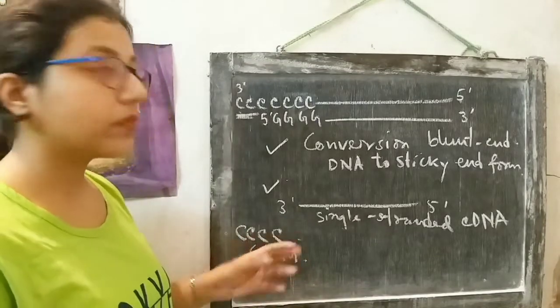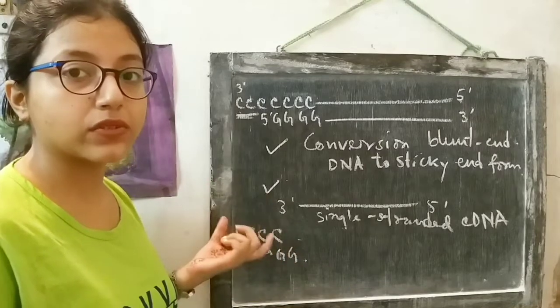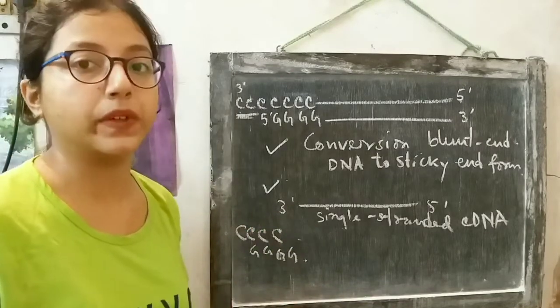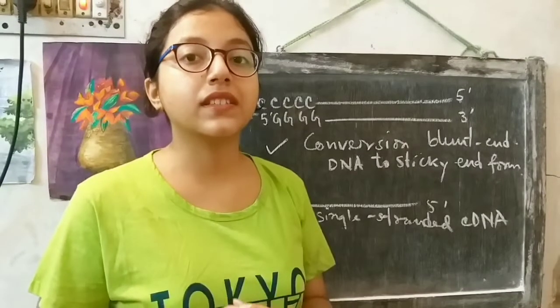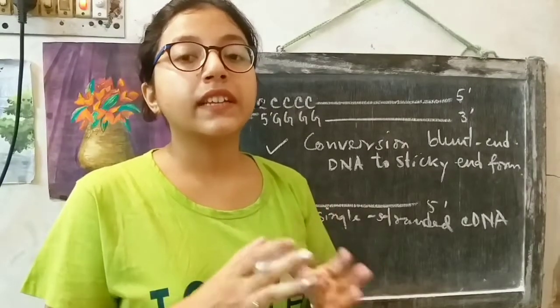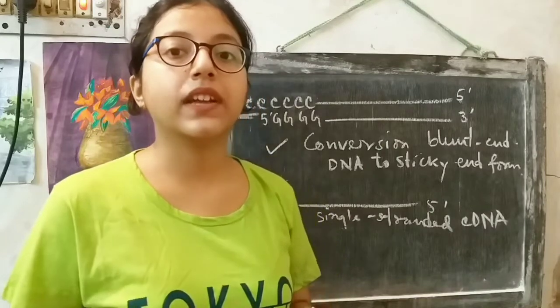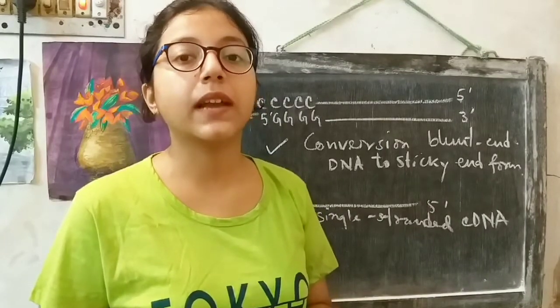We know the homopolymer that is attached to the 3' end and we can easily design the primer against that homopolymer. So this method is much easier than the DNA sequencing method. This is how the homopolymeric tailing method helps in the process of cDNA library preparation.